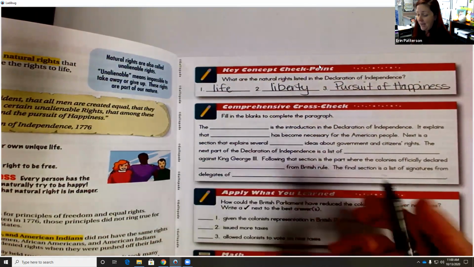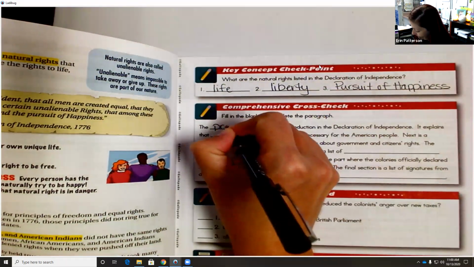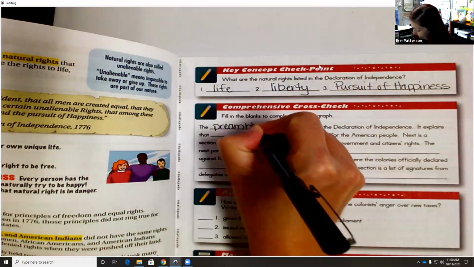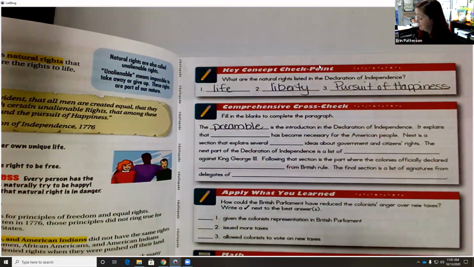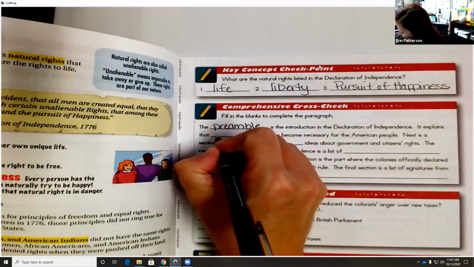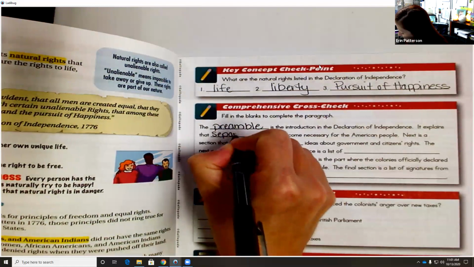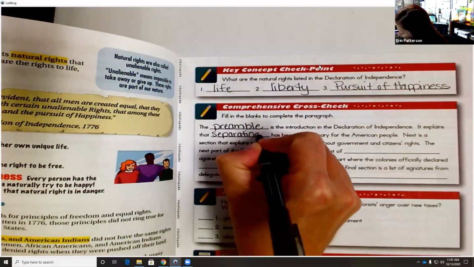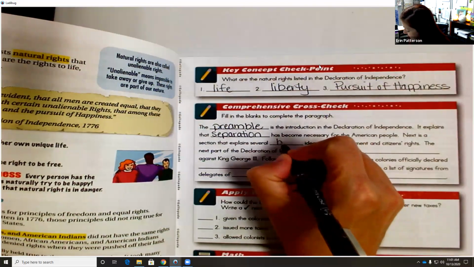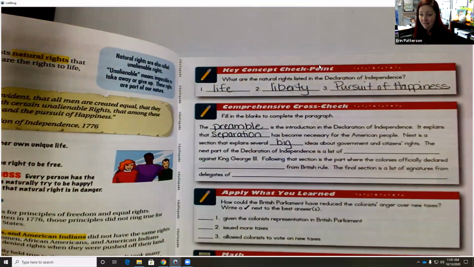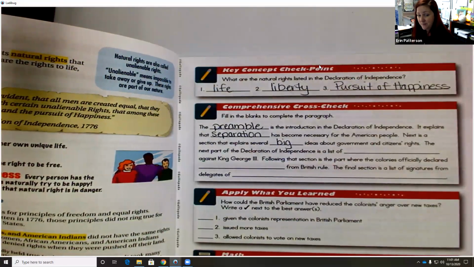The preamble is the introduction to the Declaration of Independence. It explains that separation has become necessary for the American people. Next is a section that explains several big ideas about government and citizens' rights.